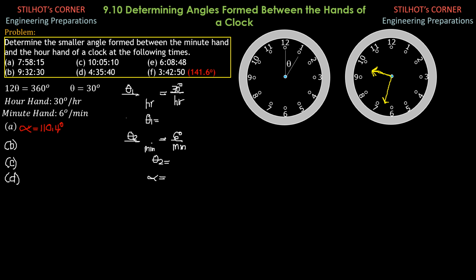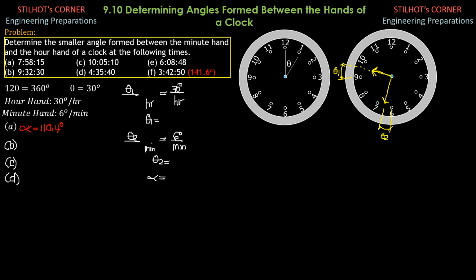Because this is the hour hand, it was pointing to the ninth mark initially, so I'll call that theta 1. Then the minute hand was pointing to the 6th mark, so I'll call this theta 2.